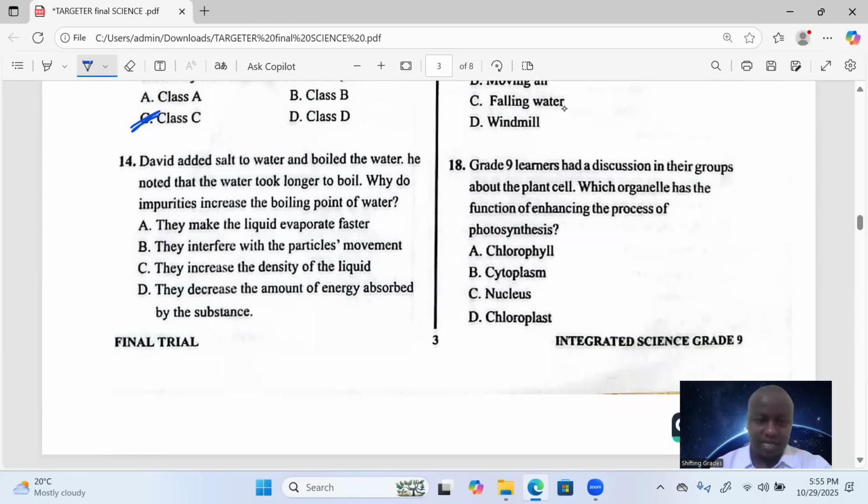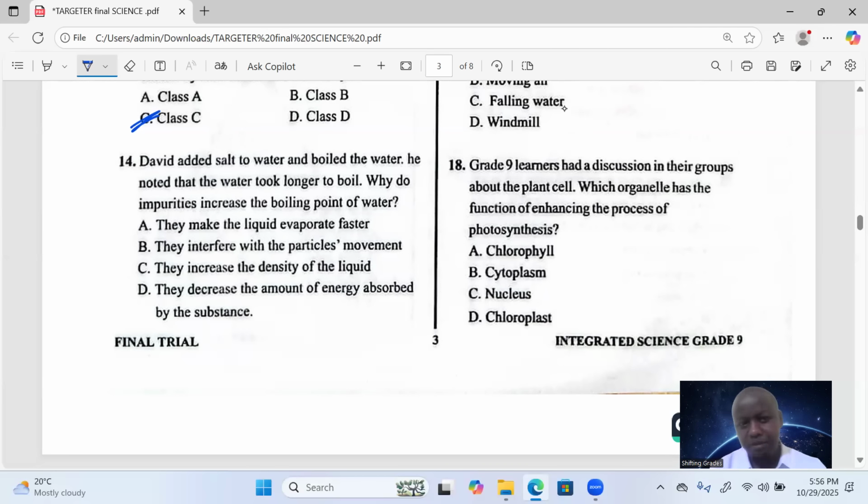David, number 14, added salt to water and boiled the water. He noted that the water took longer to boil. Why do impurities increase the boiling point of water? They make the liquid evaporate faster, no, not really. They interfere with the particles' movement.